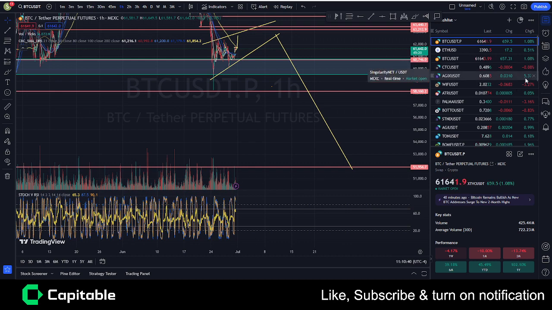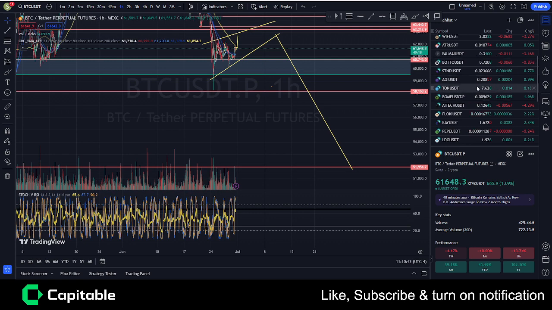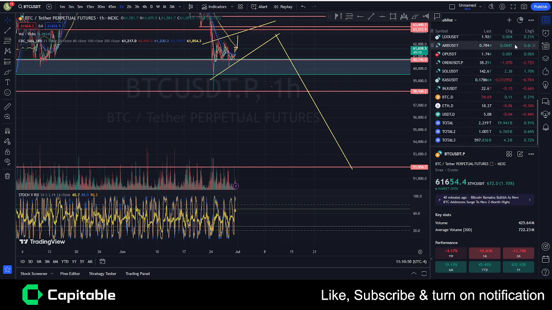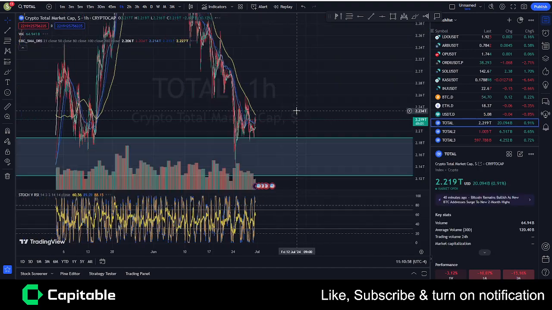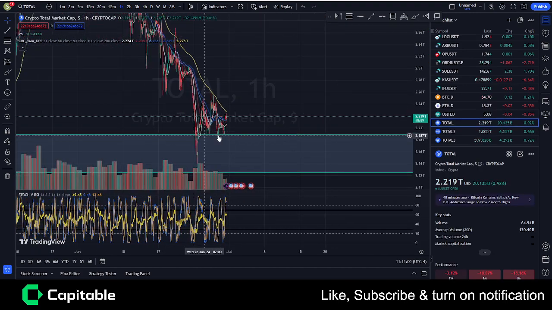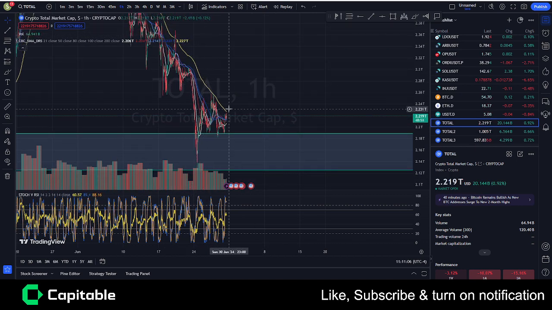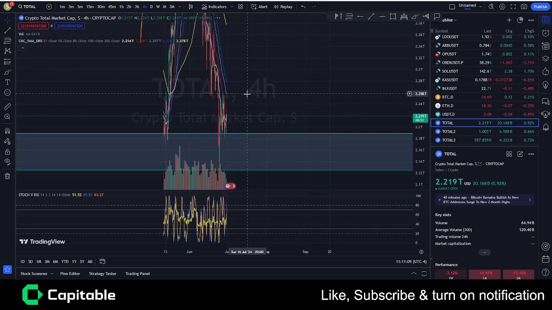Let's look at some of the other markets and see whether there's any movement. There's some movement here, right? But still mostly just zeros. Casper's still very strong here. Total market cap. What's going on with the total market cap? Well, we've got support here, but we have a downward trend on the 1 hour, below the 200 moving average.